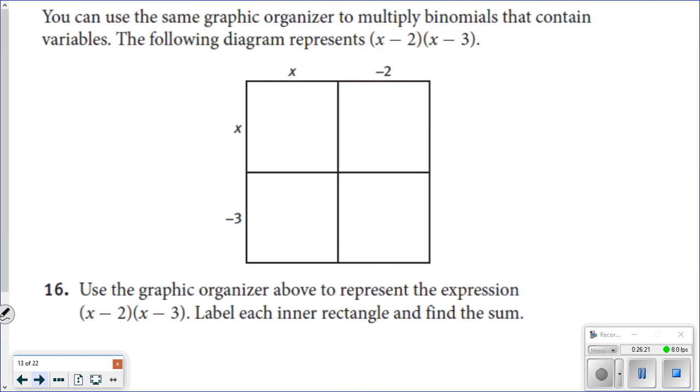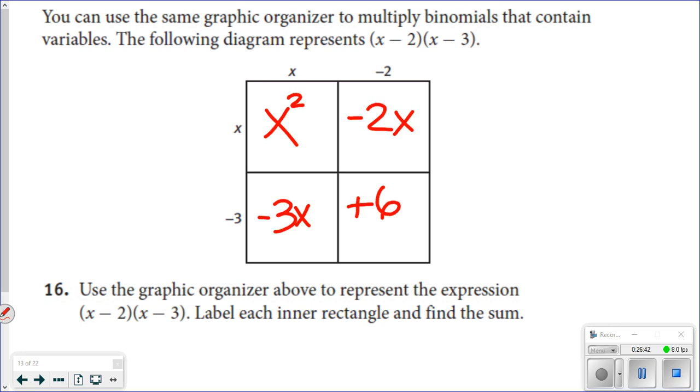So use this graphic organizer to multiply. Then we're going to get our answer here. Positive 6, emphasis on the positive there, because negative times negative is a positive.